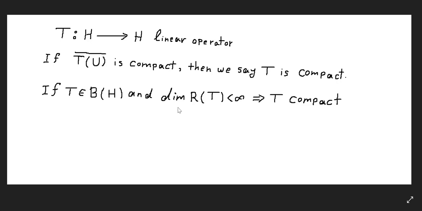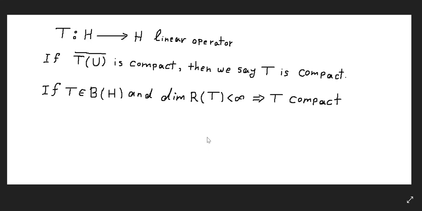I mean, when we say we have a finite rank operator, it means the dimension of the range of T is finite. Then T is compact. We talked about this as a theorem without proof. Okay, now we are going to give you a particular example about the compact operators.